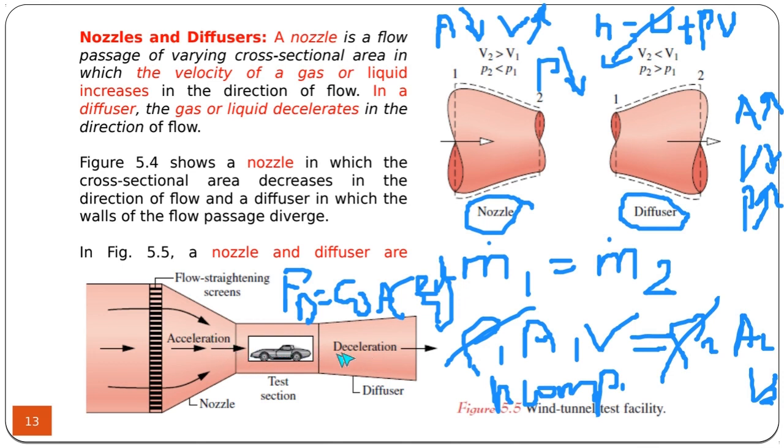And after it passes through the test section, we have to decelerate it because we do not want that much speed at the exit. So in order to slow down the exit of the air, we may have a diffuser. So a wind tunnel is basically comprised of both a nozzle and a diffuser.